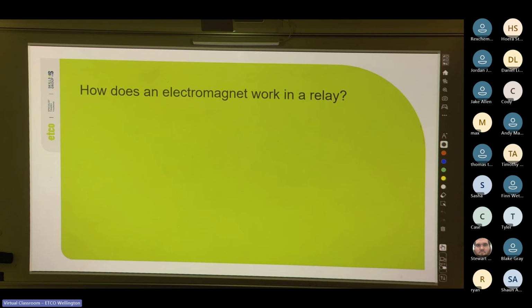That's considered a switch mode power supply. All good, Ryan. We're just doing some revision.